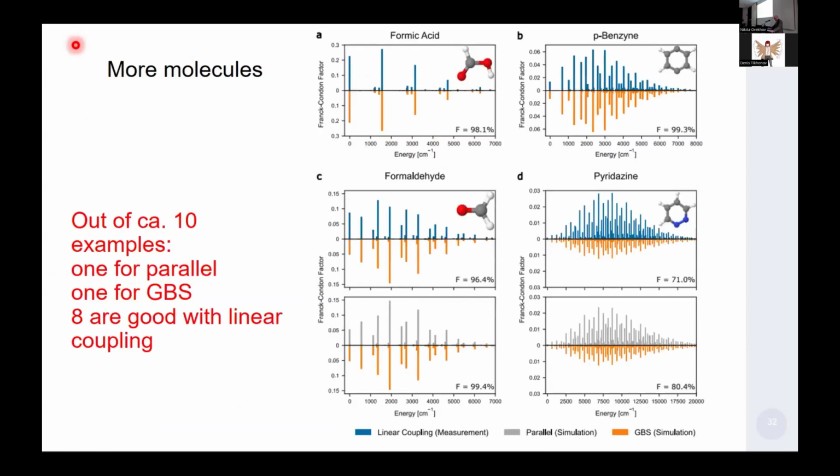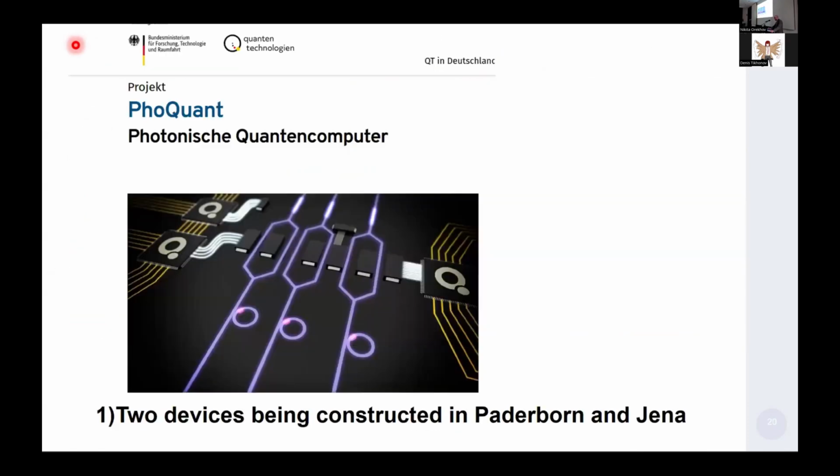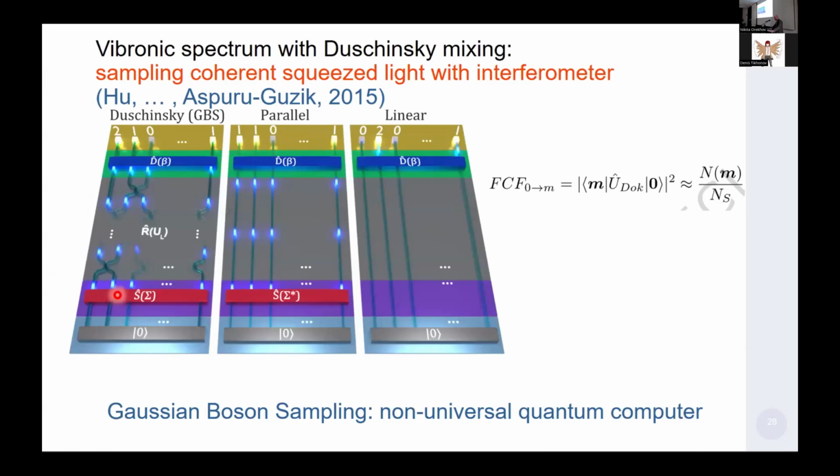If we go back here to the architecture, we see that in the full device, we first apply squeezing, then interferometry, and then displacement. And if this is vacuum, if this is not producing anything, then mixing nothing with nothing gives us nothing, and the only thing which matters is this.